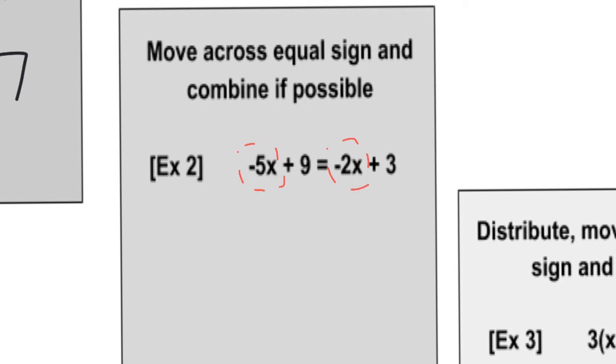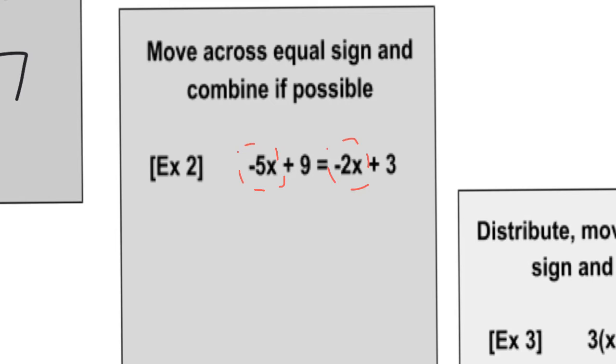So here, you want to think about, do you want to deal with negative numbers or with positive numbers? Or, if I said move the smaller one, which one of those negative numbers is technically smaller, furthest away from 0? That would be my negative 5x.